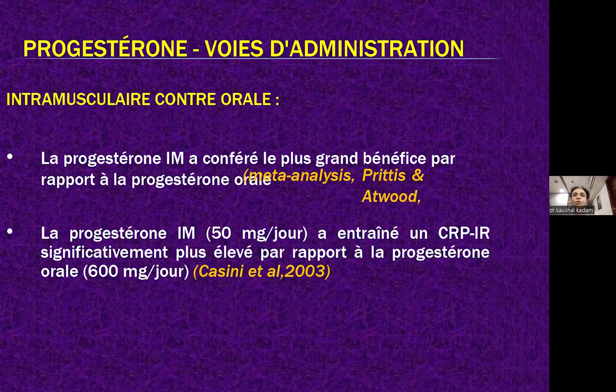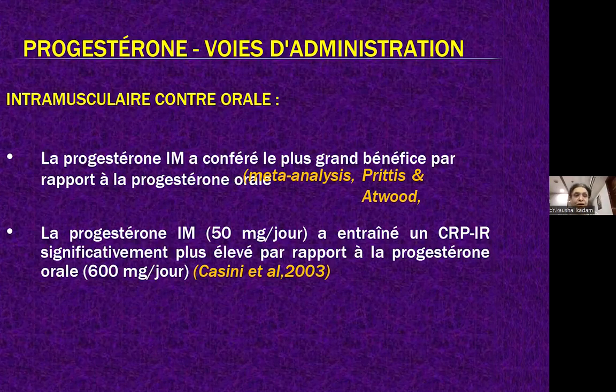Yeah. So now comparing intramuscular versus oral. There have been a number of meta-analyses that were done in 2002 and 2003. And most of them said that IM progesterone conferred the most benefit compared to oral, and intramuscular progesterone resulted in significantly higher pregnancy rates compared to oral progesterone.